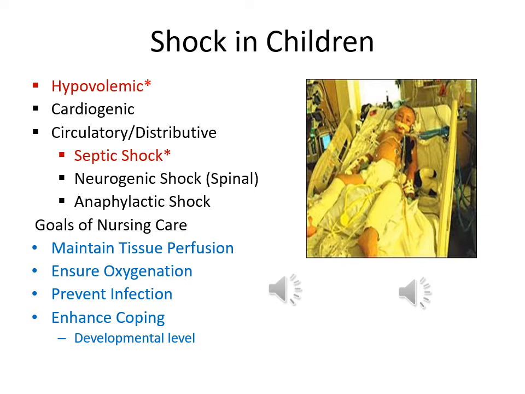We're going to be very careful about infection in terms of asepsis, and we're going to this time think a little bit more about coping in terms of the developmental level of the child. And so if we have to do teaching or even explanations, we want to be sure that we reach the child where they're at. And also important to include their parents if they're at the appropriate developmental level.